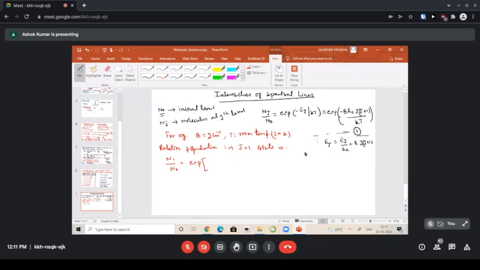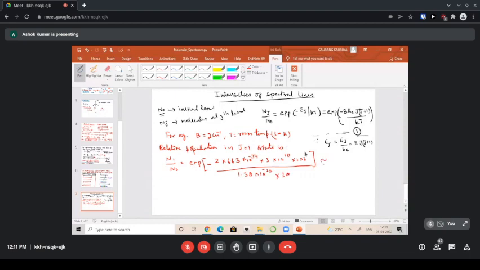B is given as 2 centimeter inverse. So we write: 2 multiplied by 6.63 into 10 to the power minus 34, the value of h, multiplied by 3 into 10 raised to power 10, the value of c, and then multiplied by 1 into 2, J into J plus 1, upon kT. k is the Boltzmann constant, 1.38 into 10 raised to power minus 23, into 300.